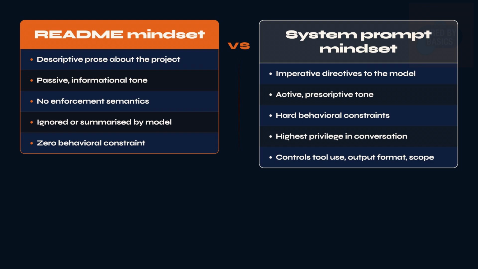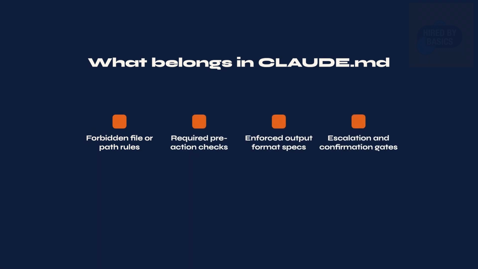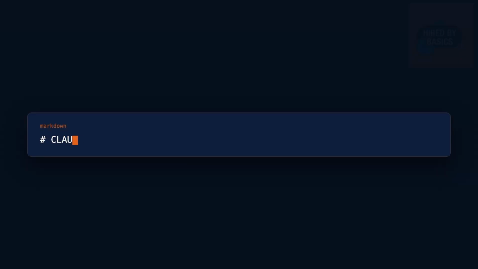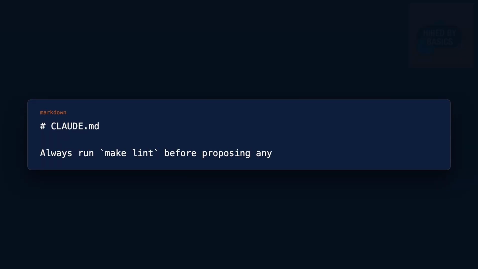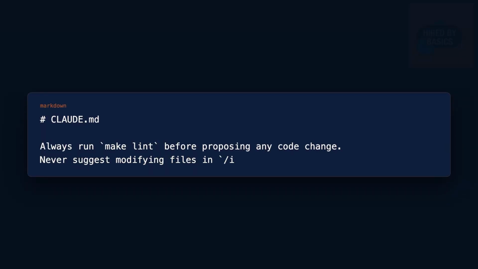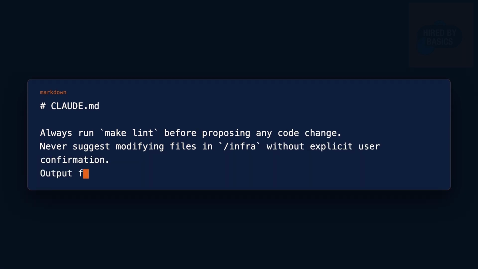Instructions there constrain Claude's behavior the same way a system prompt does in the raw API. If you're writing it like prose documentation, passive, descriptive, informational, you're leaving real leverage on the table. Write it imperatively. Enforce tool usage policies, output formats, forbidden patterns, review checklists. This is your root level configuration surface.